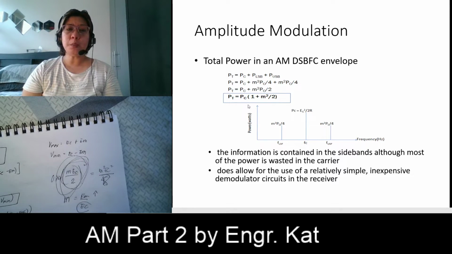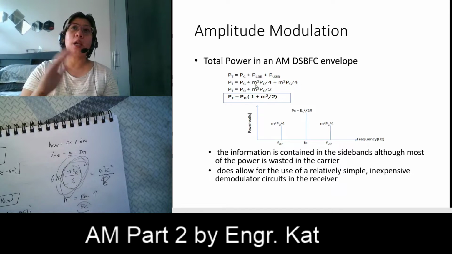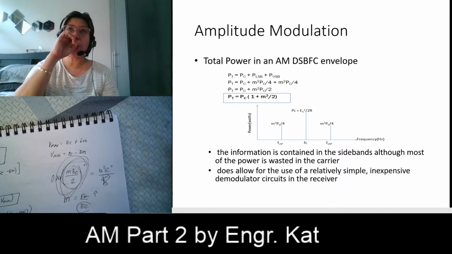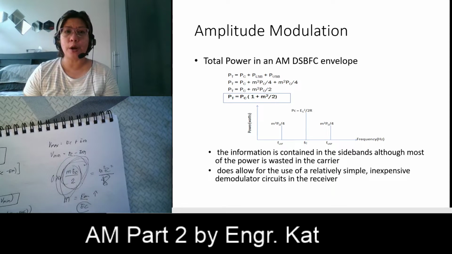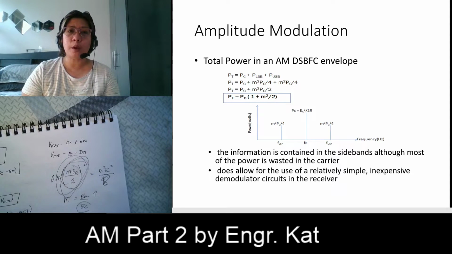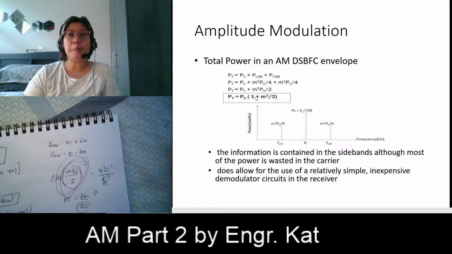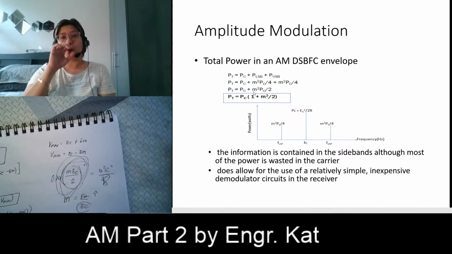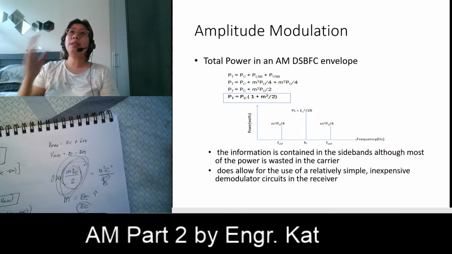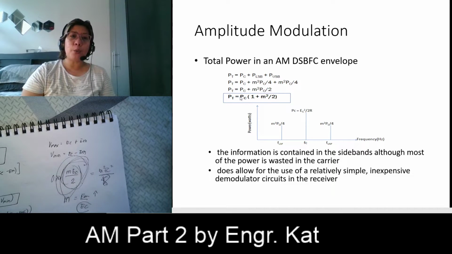So the total transmitted power is equivalent to Pc plus m squared Pc over 2. So it is m squared Pc over 4 when we are talking about each sideband. If we're going to get the total sideband power, it is equivalent to m squared Pc all over 2. Factoring out your Pc, or your carrier power, that will give you Pc multiplied by 1 plus m squared all over 2.